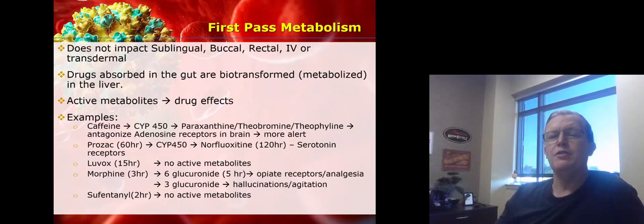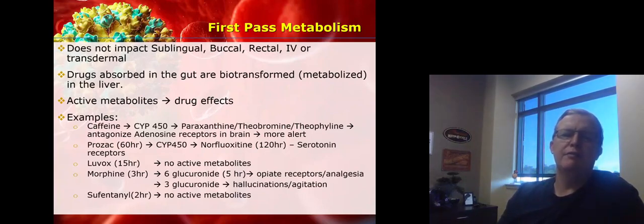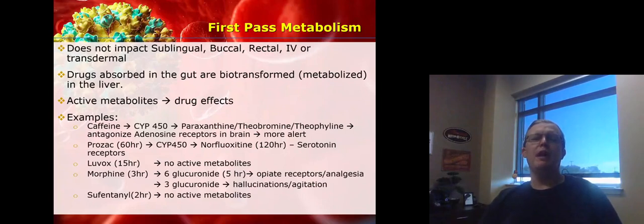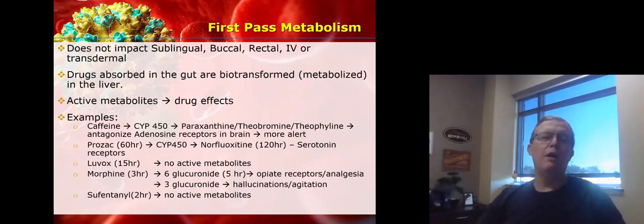All of those routes bypass first pass metabolism. So we're looking at drugs that are moving into the system and being effective in their original form. And then, depending on how they move through the system and how they're metabolized or excreted, they may return later as other active metabolites.